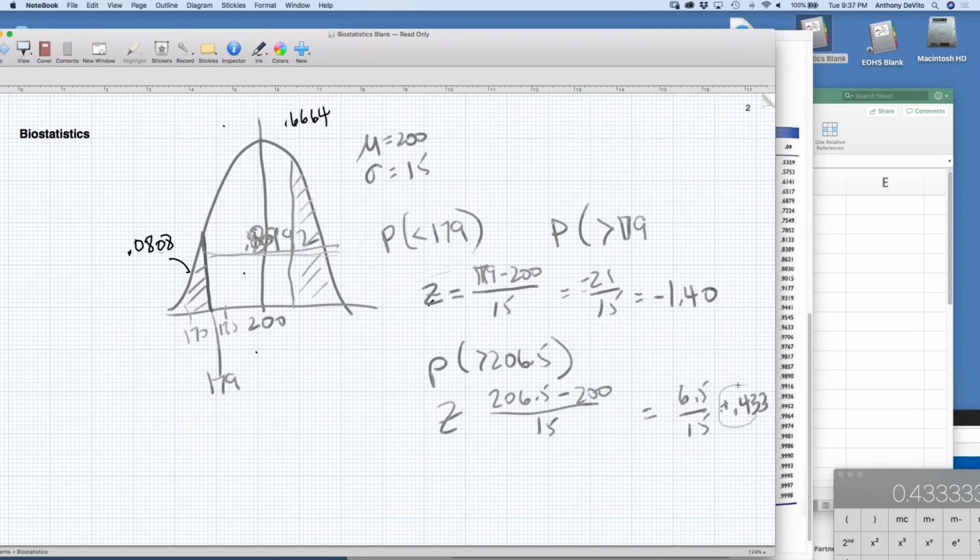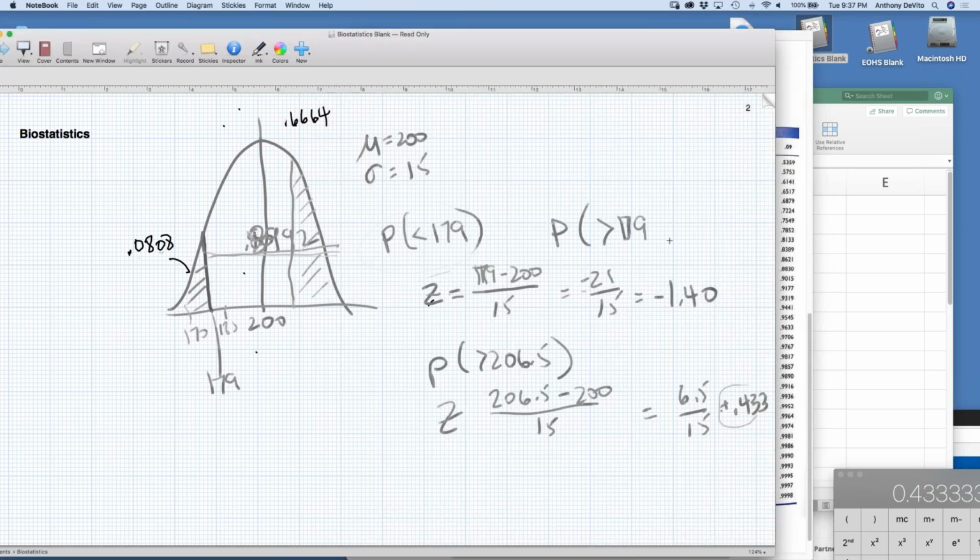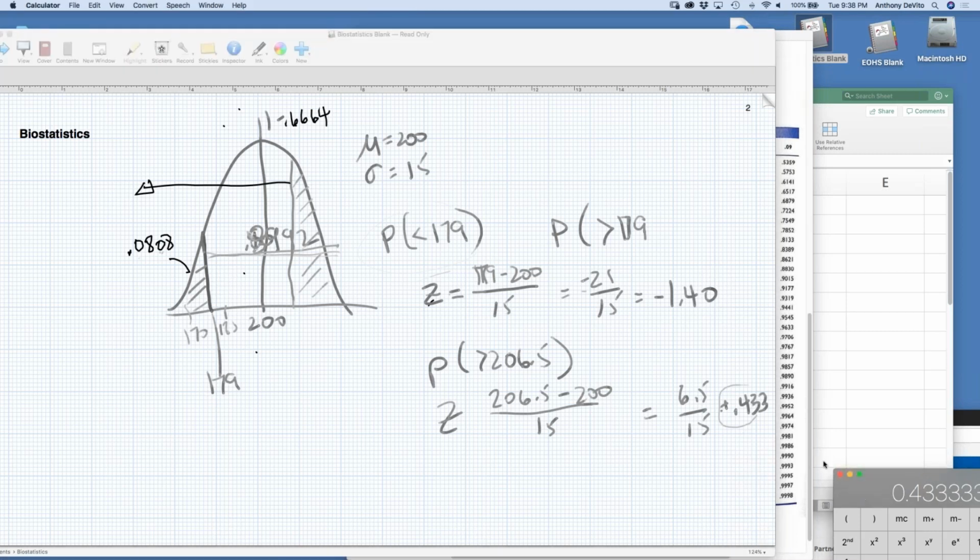Only problem is this table gives us the area to the left of that z-score value. So we're not going to get directly from that table the area to the right. We get the area from here down, right? And what's left here, 1 minus 0.6664, is what that area represents. Okay, let's go ahead and do that.